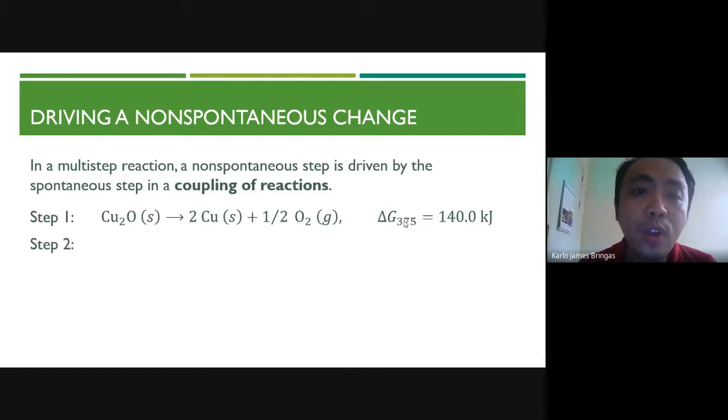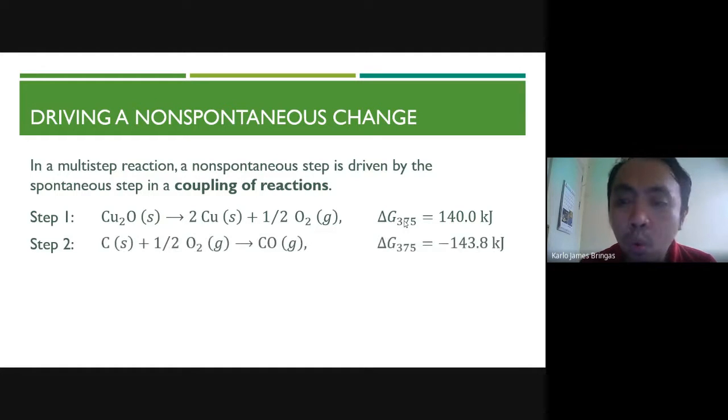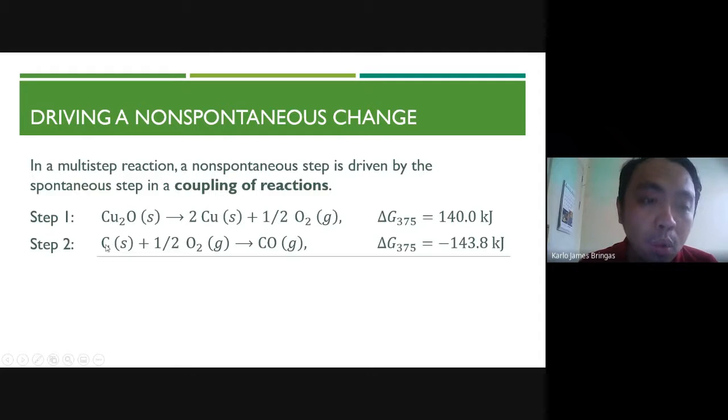However, if you now couple step 1 with step 2, which has a negative delta G at 375 Kelvin, then step 2 basically provides the energy to allow step 1 to occur. So if we sum up step 1 and step 2, we'll get the overall reaction as shown here.